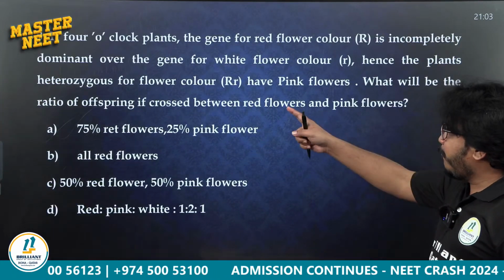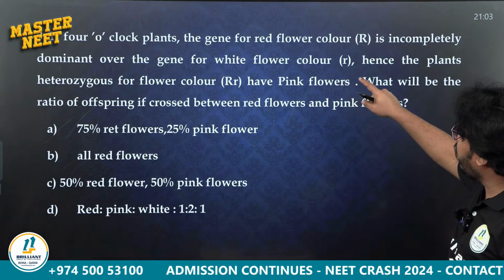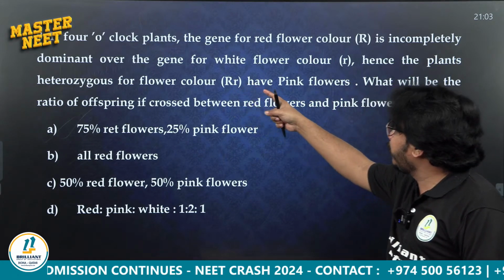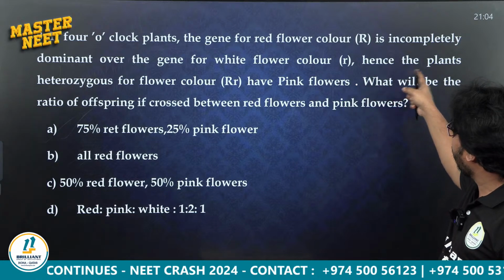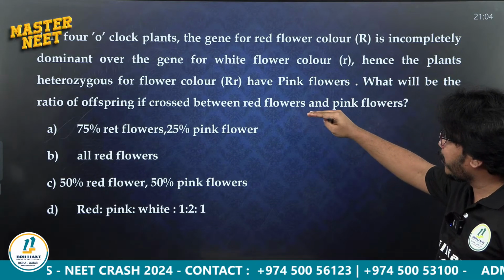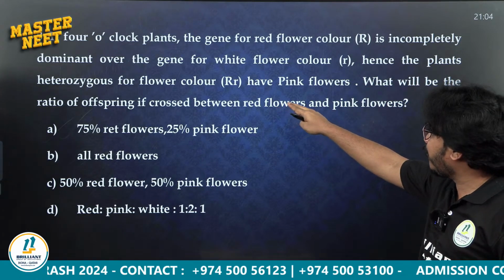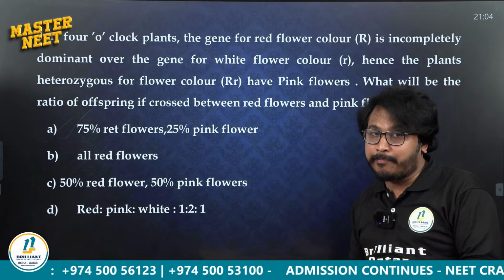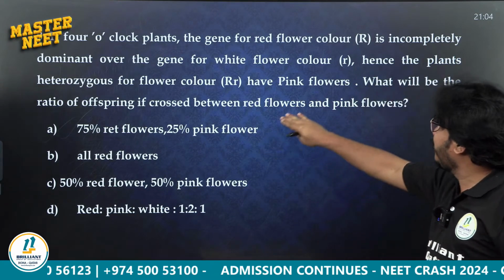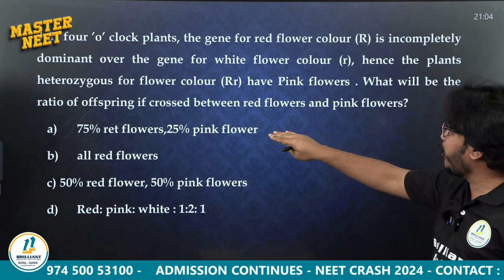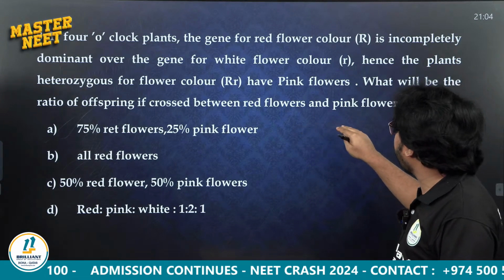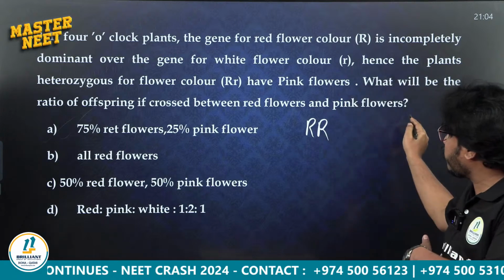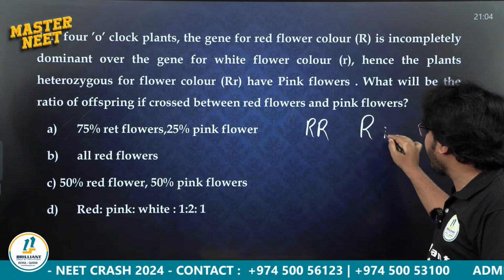Now the next question. In four o'clock plants, the gene for red flower color, capital R, is incompletely dominant over the gene for white color, small r. Hence the plants heterozygous for the color, capital R small r, produce pink flowers. You know already, this is an example of incomplete dominance. So the question is, what will be the ratio of offspring if a red flower, capital R, is crossed with a pink flower, capital R small r?